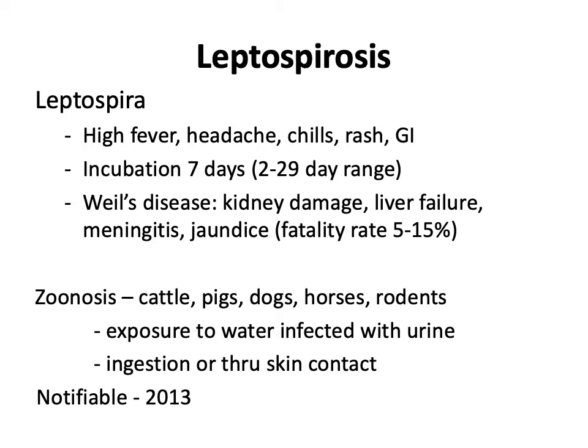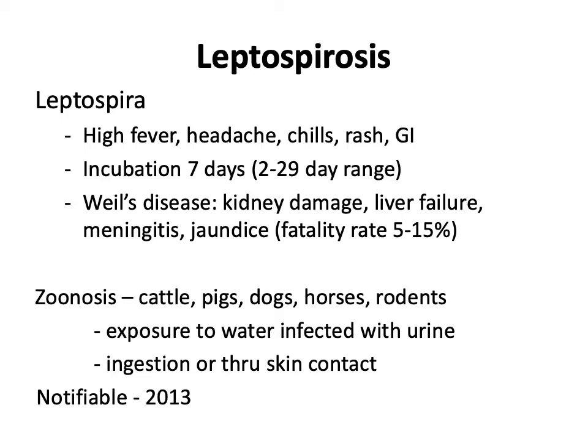Leptospirosis is a relatively uncommon zoonotic disease caused by the bacteria Leptospira. In humans, it can cause a wide range of symptoms that include high fever, severe headache, chills, muscle aches, and vomiting. Patients may also be asymptomatic. The majority of cases are mild and rarely fatal. However, around 10% of people, usually the immunocompromised, will develop a severe form of the infection called Weil's disease.